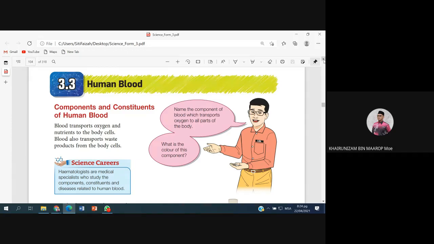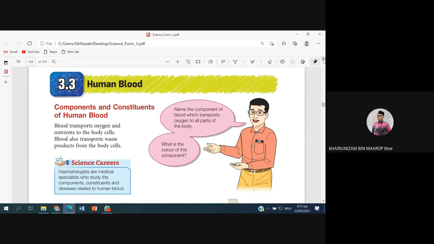Normally, blood's in red color. Okay, why red color? Okay, you already learned actually in Form 2 why the human blood in red color, because the red color is referred to hemoglobin.